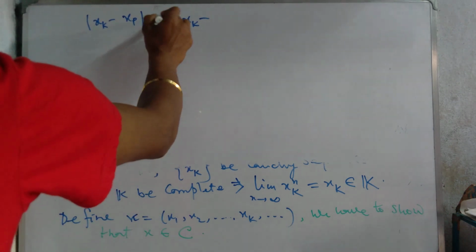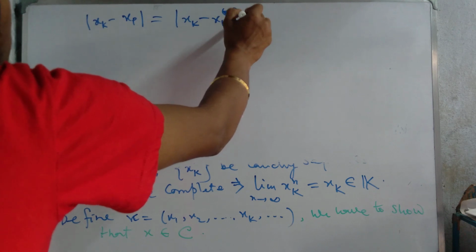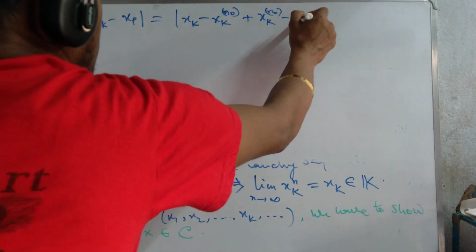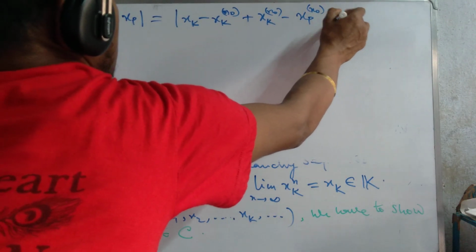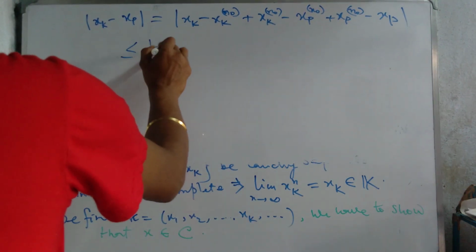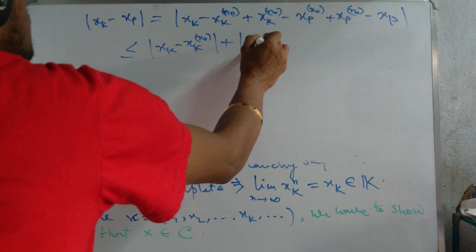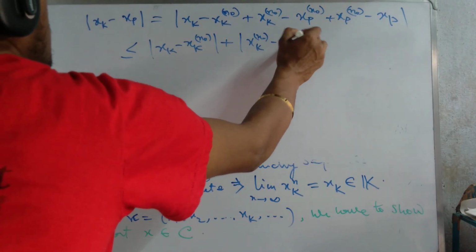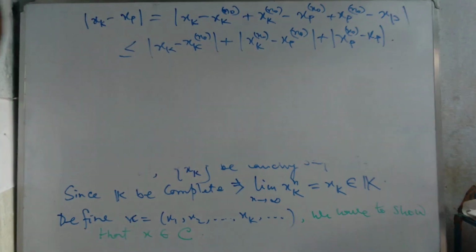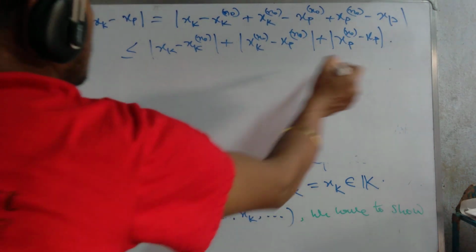First we write it equal to xk minus xk to the power n0, plus xk to the power n0 minus xp to the power n0, plus xp to the power n0 minus xp. This is less than or equal to the modulus of xk minus xk n0, plus the modulus of xk n0 minus xp n0, plus the modulus of xp n0 minus xp. Then we mark this 2.